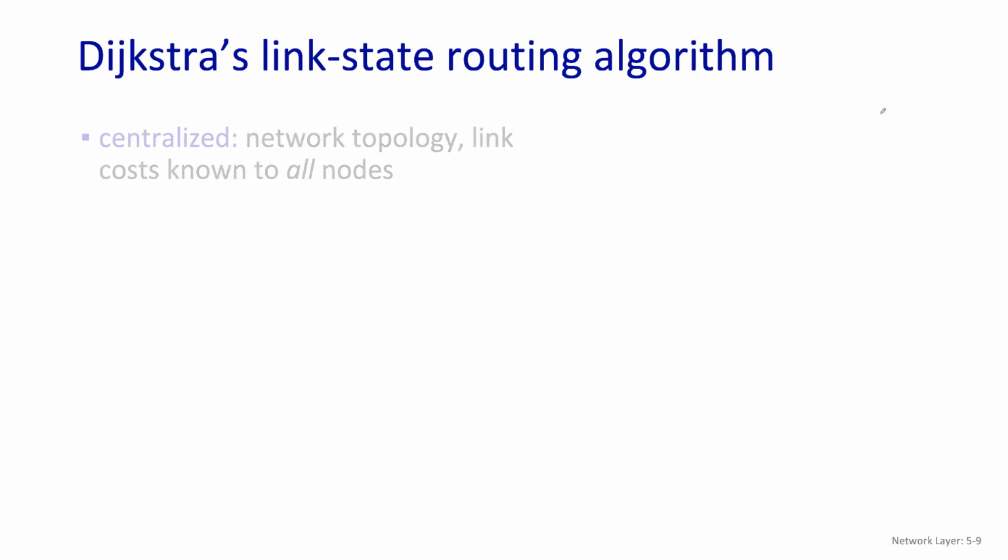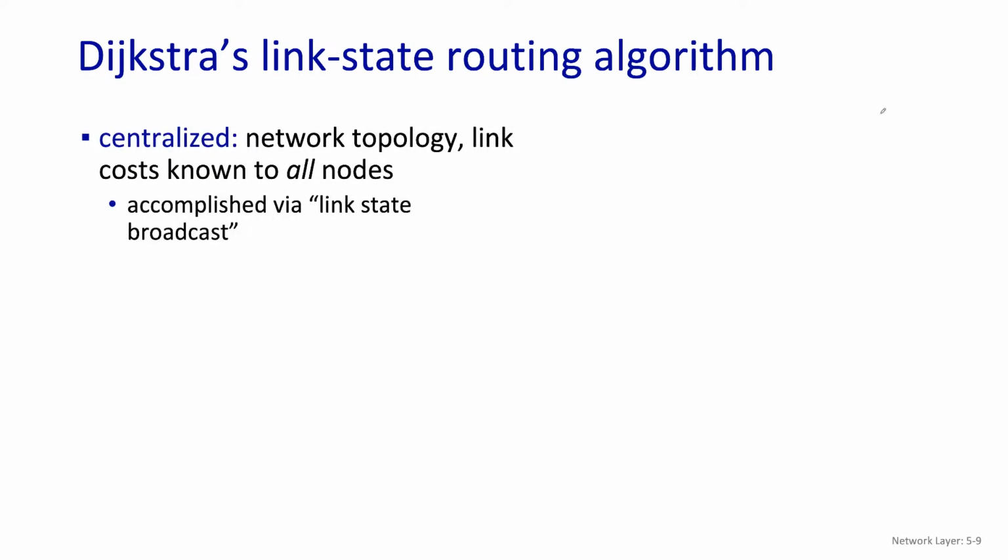link state routing algorithm. So this algorithm is centralized. Okay, that means each node or each router is fully aware of the whole topology of the network.